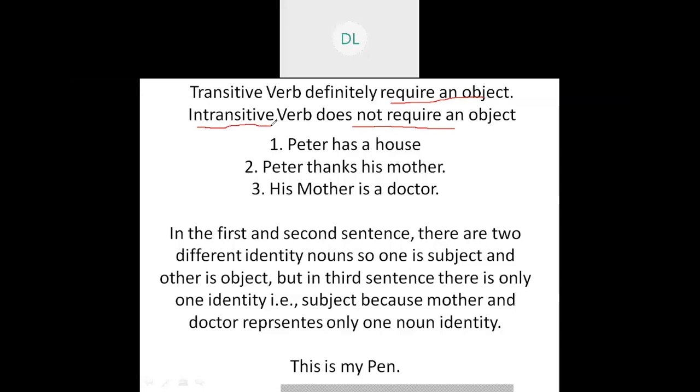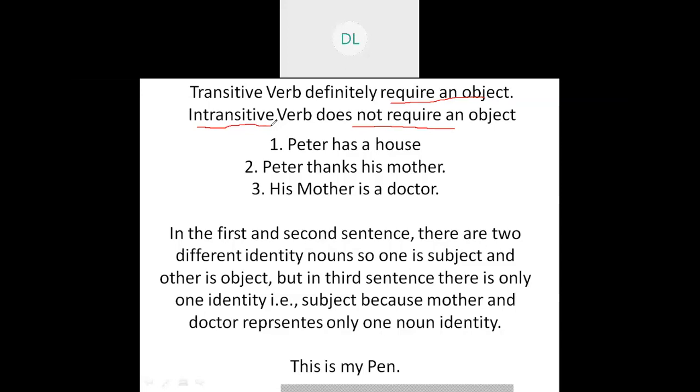There is only one identity, Peter, and that is the subject. It doesn't require an object. Peter stands. The meaning is complete. I don't require any other object or any other identity in the sentence to complete the meaning. So an intransitive verb does not require an object.